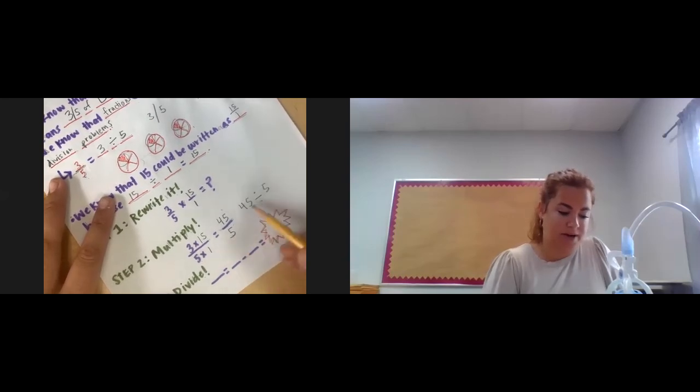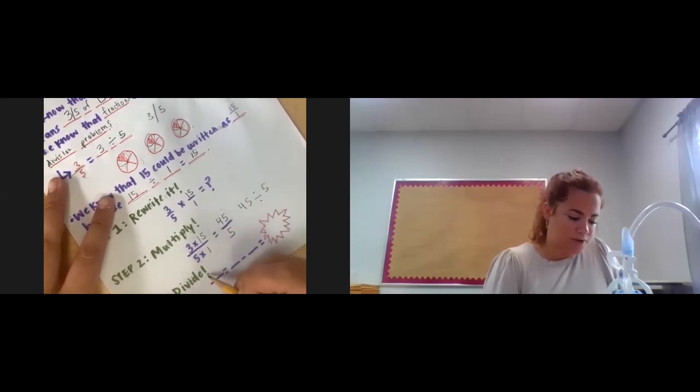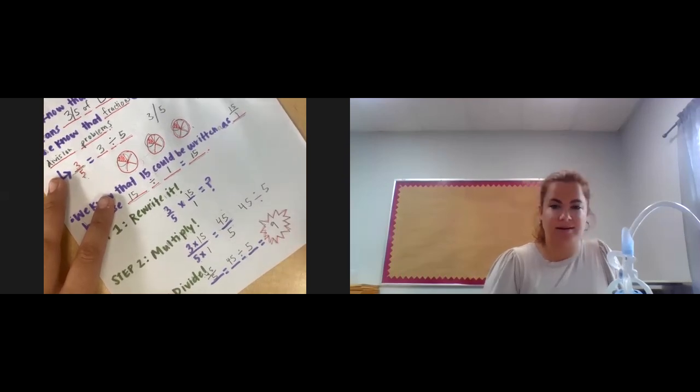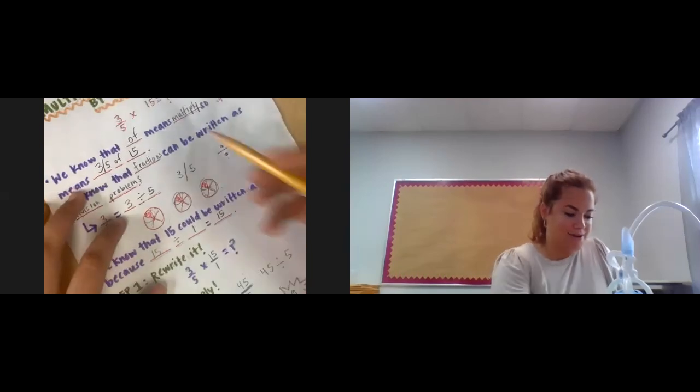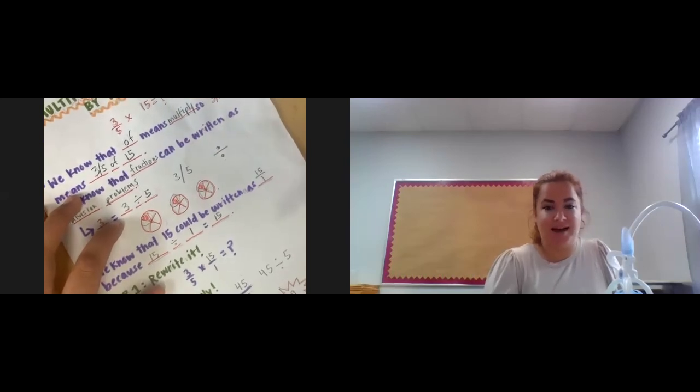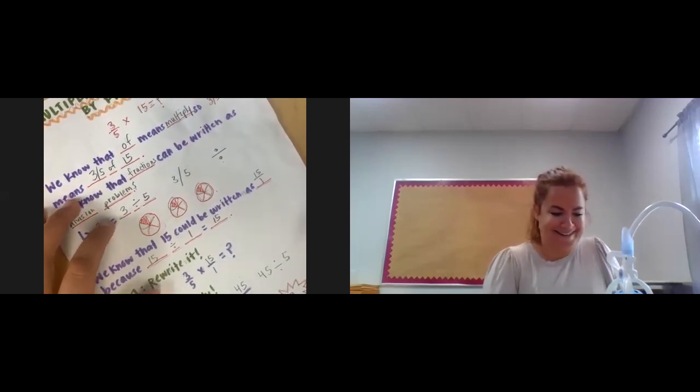That's what that would look like if I was making a division problem. So 45 fifths actually means 45 divided by 5, which equals 9. So 3/5 of 15 is 9. And yay, we did it.